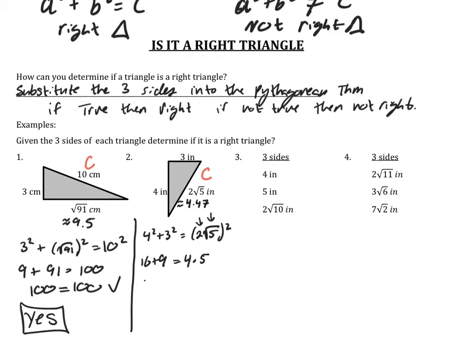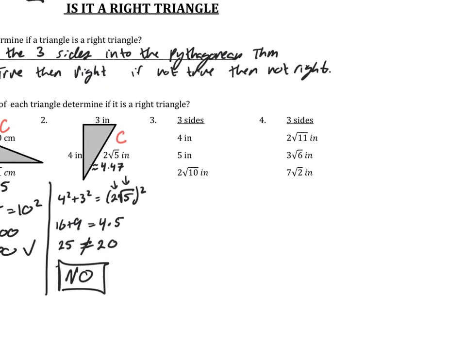So we get 25, 16 plus 9 equals 4 times 5 is 20. So that is not true. Those are not equal. So we can say, no, this is not going to be a right triangle. Our first one did end up being a right triangle. But this one, when we plugged it into the Pythagorean theorem, we got a statement that was not true. So no, it is not.